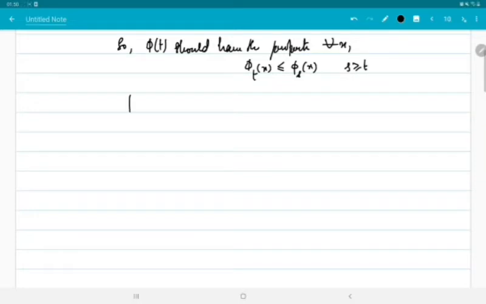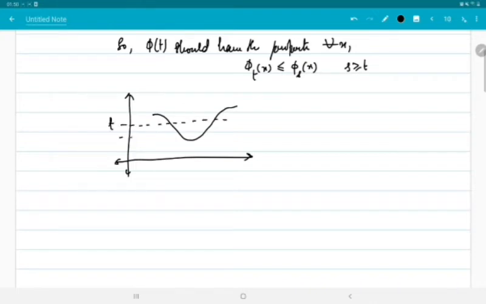A geometric interpretation may be like this: if we have a quasi-convex function and then we have two sublevel markings at, suppose, t and s, then this will be the s sublevel set, and this will be the t sublevel set.